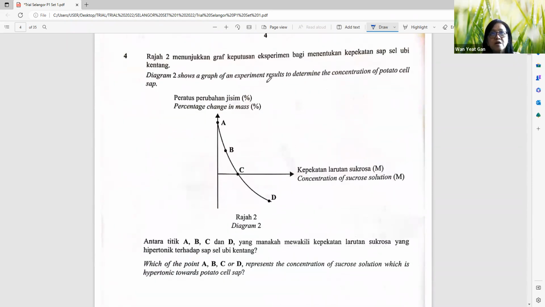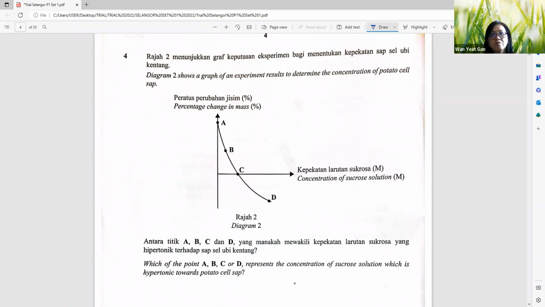Diagram 2 shows a graph of an experiment result to determine the concentration of potato cell sap. Which of the points represent the concentration of sucrose solution which is hypertonic towards potato cell sap?